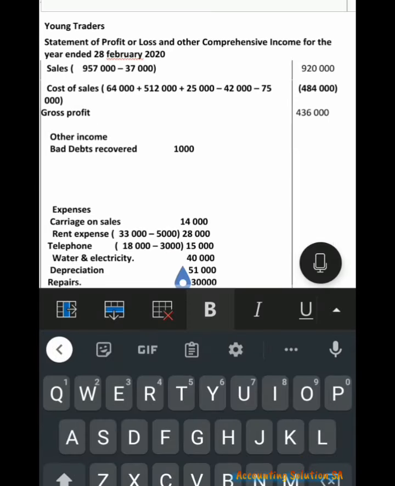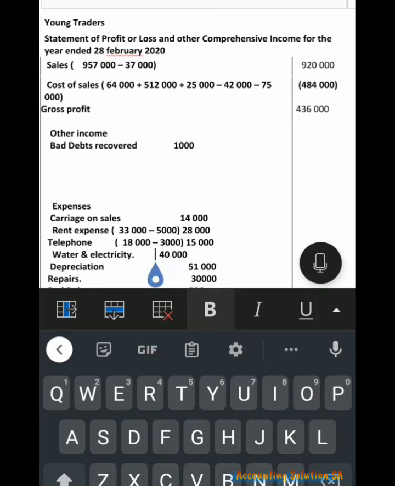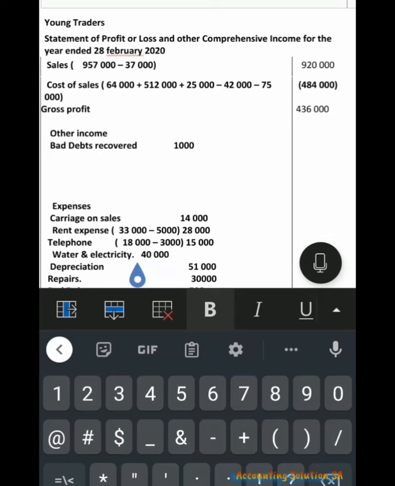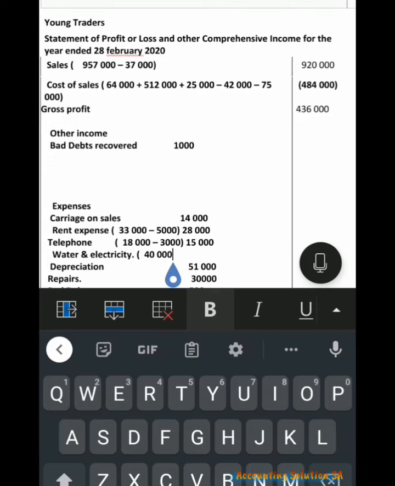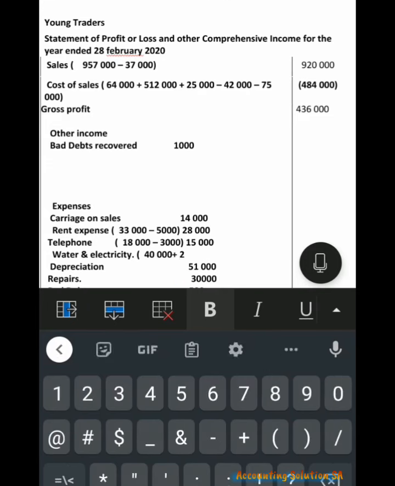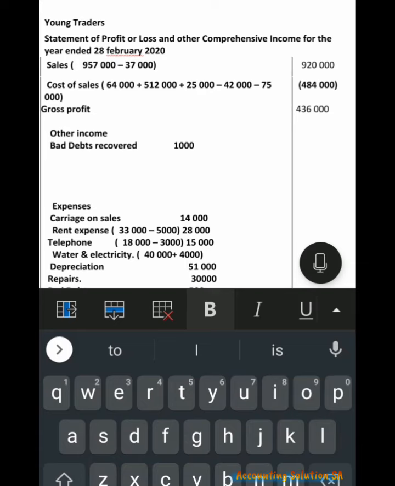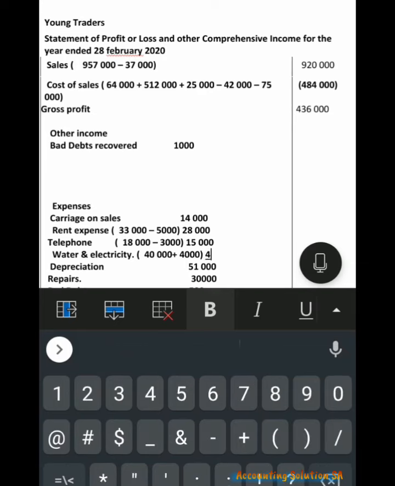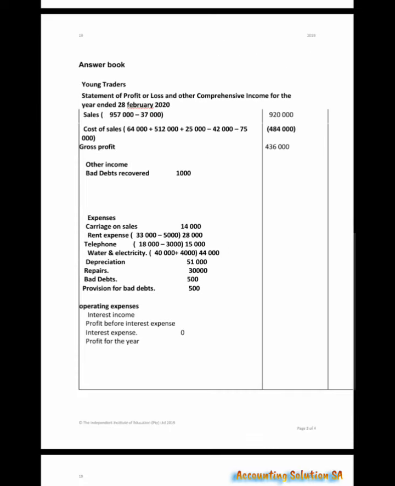Let's check our water and electricity. We have 40,000, which we have to add together with 4,000 for February, which is going to give us 44,000.